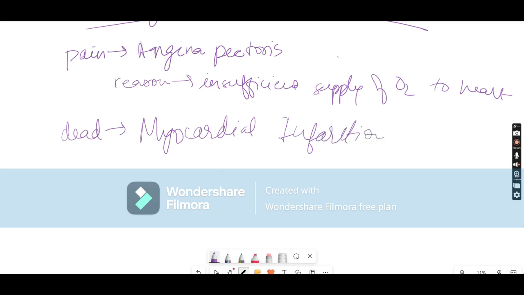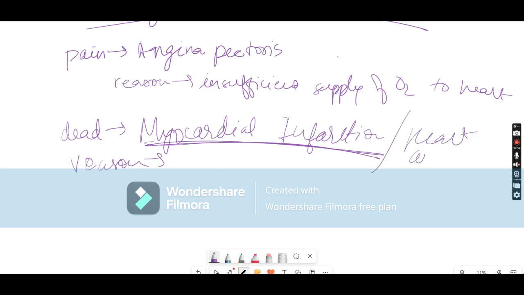This is what heart attack is. Now, when sufficient blood does not reach the heart, there's no oxygenation, there's deadening of muscles, that is when we get heart attack or myocardial infarction. Okay, infarction.